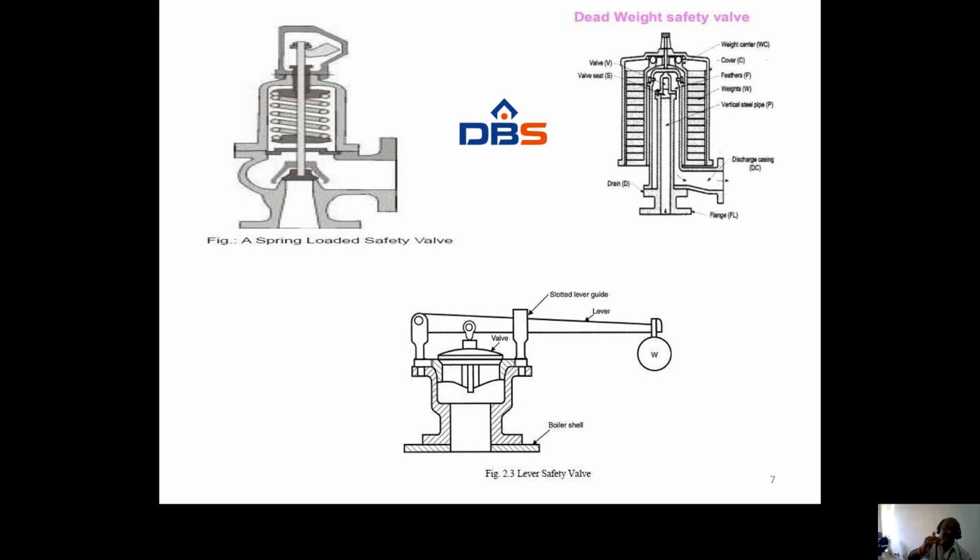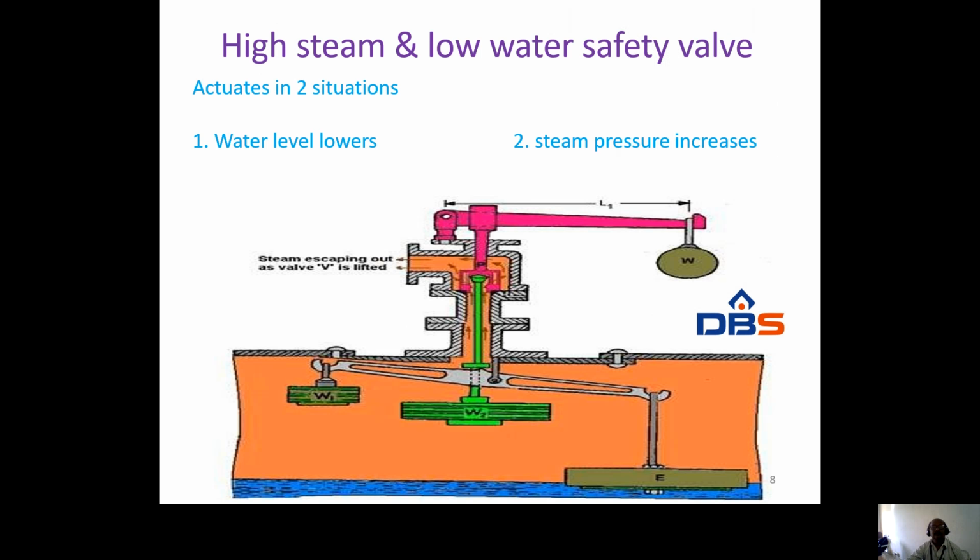And when the pressure comes under control, it will automatically be closed. This is also a safety valve. When pressure reaches the maximum, it pushes this weight up, the valve opens, and the excess pressure leaves the boiler.